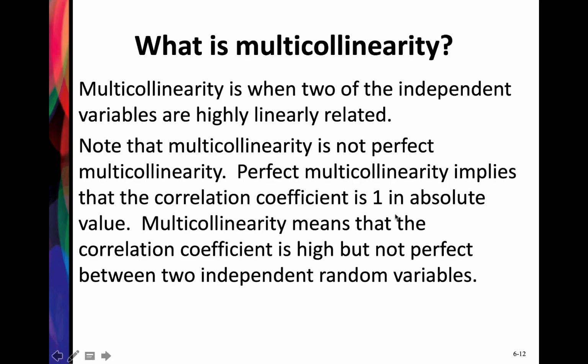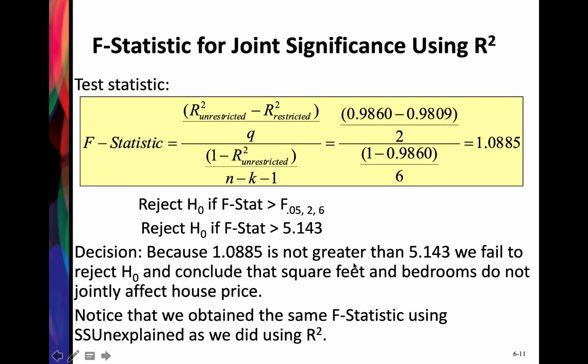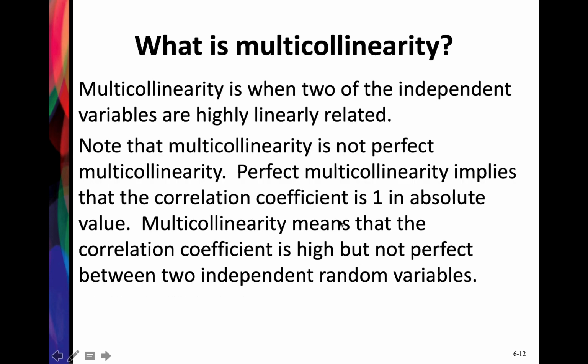Okay, so why I brought in these slides about multicollinearity is that the reason that we could potentially have individual insignificance but joint significance is due to multicollinearity. So I just wanted to remind you what multicollinearity was and talk a little bit about why it might be a factor. Multicollinearity is when two of the independent variables are highly linearly related, so they are explaining a lot of the same thing.